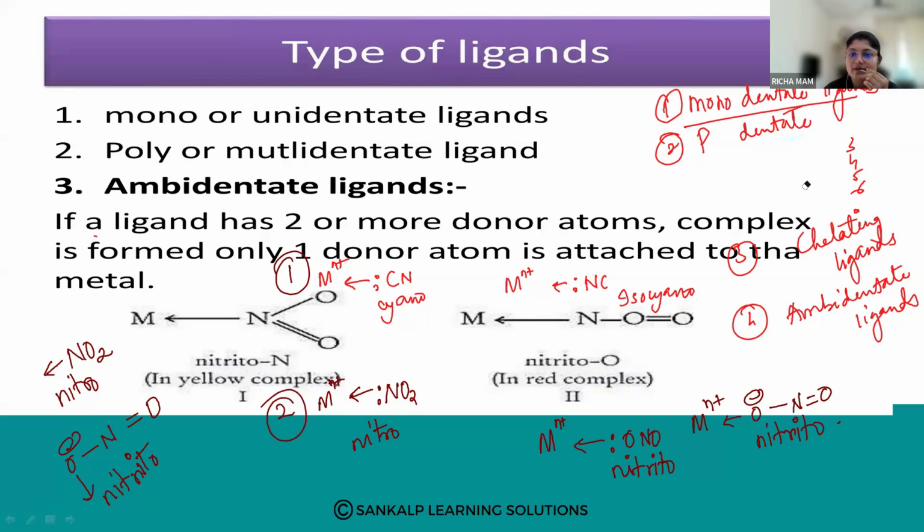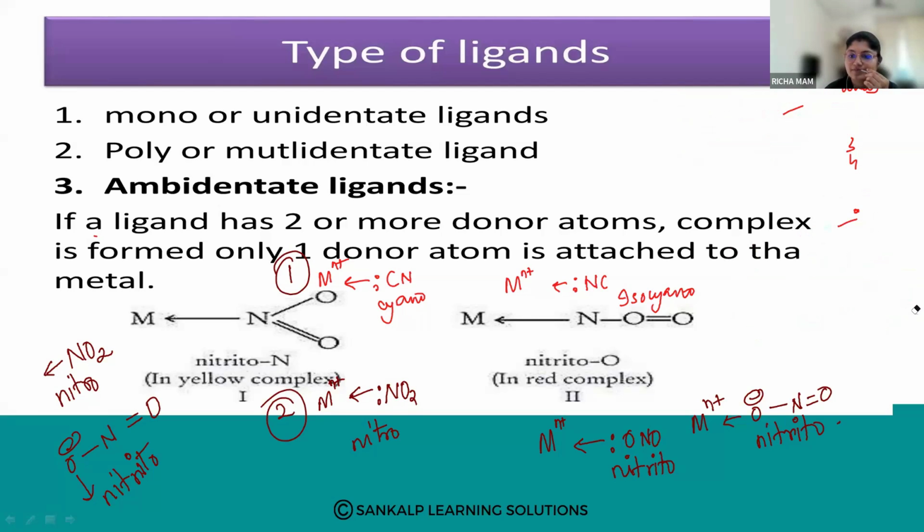Let me give you one more example. Please remember the examples, very important. Example number 3: what is this group? SCN minus, the thiocyanide group.